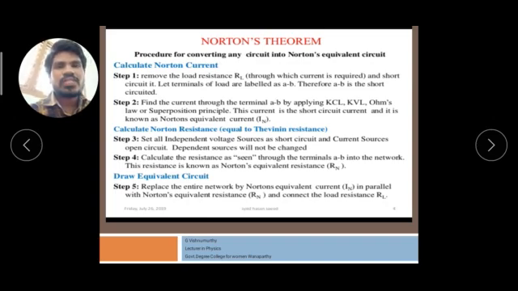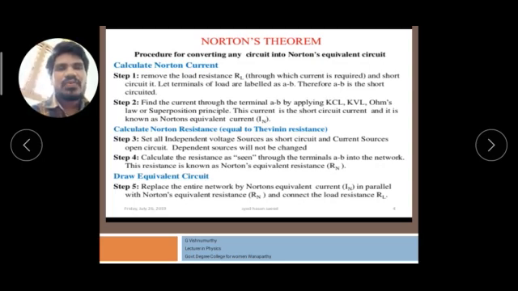In the first two steps, we remove the load resistance, and AB is short circuited. But here we calculate the resistance of the Thevenin circuit or Norton circuit. So set all independent voltage sources as short circuited and current sources as open circuited.